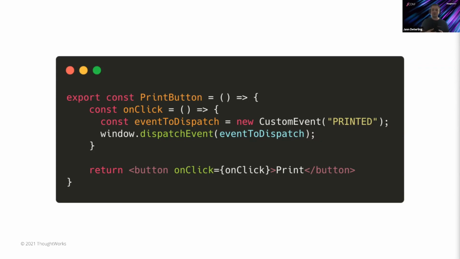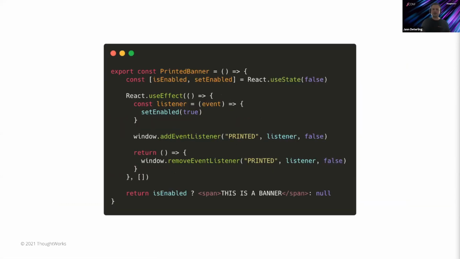That might not be a super sufficient example here because in reality, code might get a bit more complex, but for our use case, that's totally fine. It will create a custom event and then dispatch the event. On the other side, we have a banner, and this banner wants to react to that. It will just show, okay, hey, you just printed something.